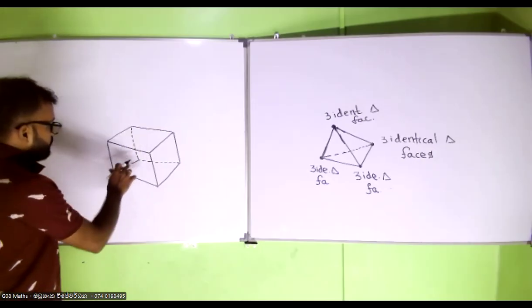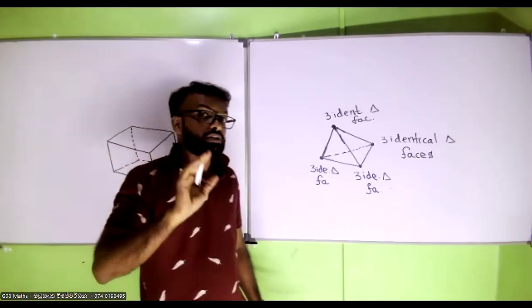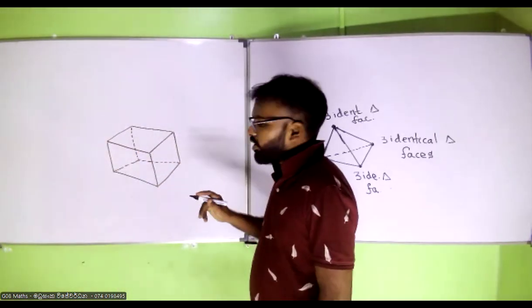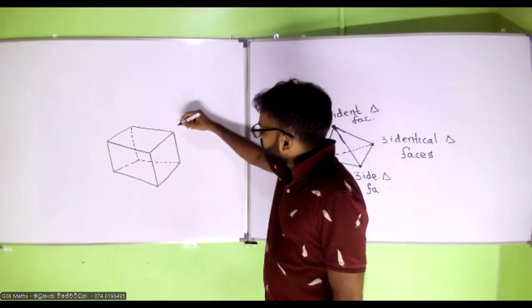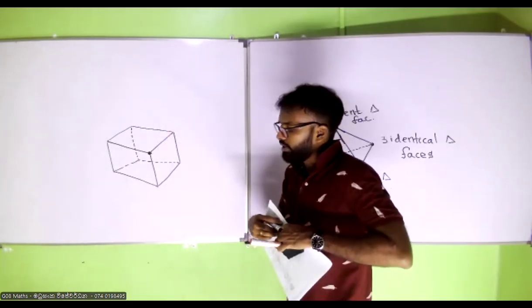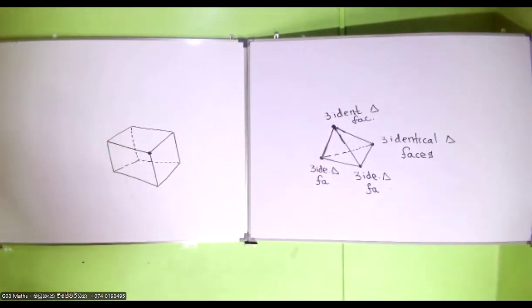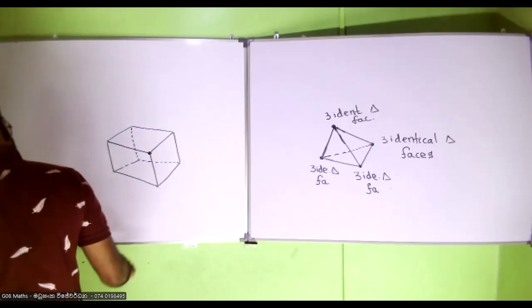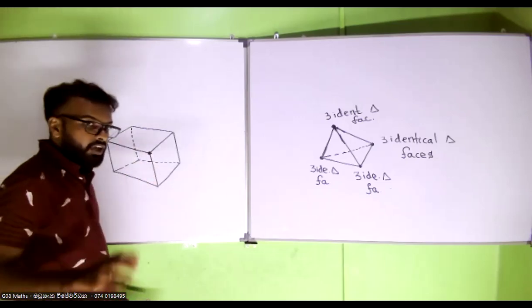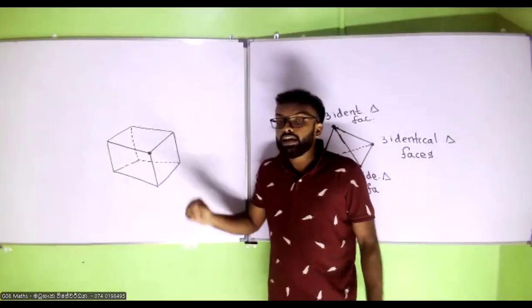Now, first of all, I will take one of the vertices, I will take this one with the marker. Here I am going to count how many faces are meeting at this vertex. And we know the shape of this face.